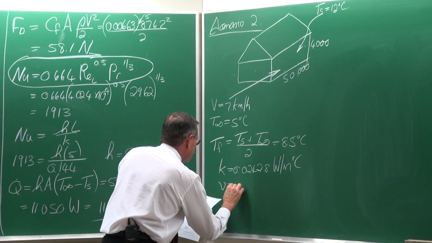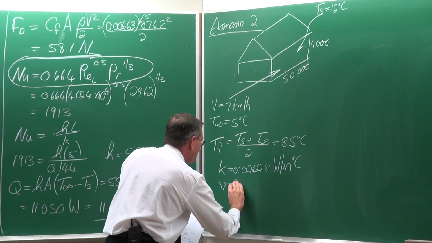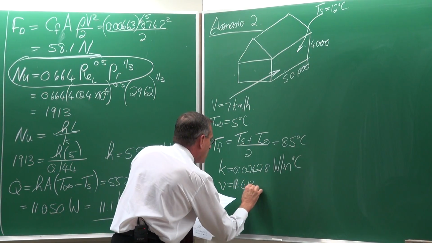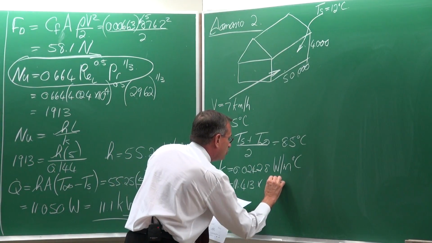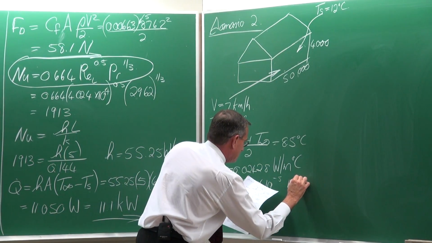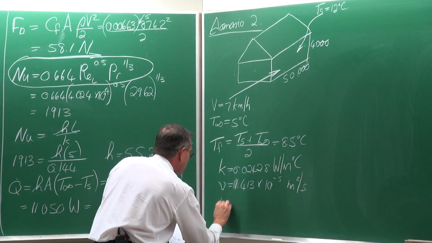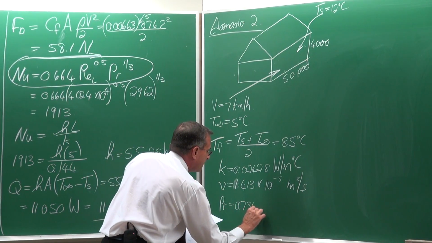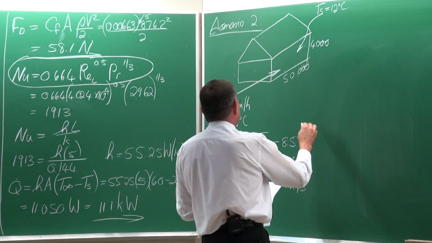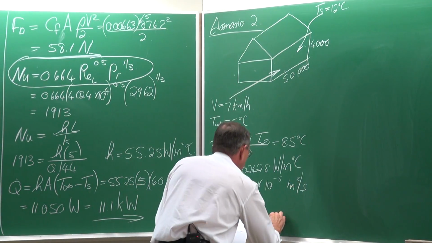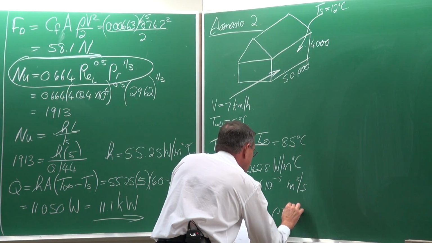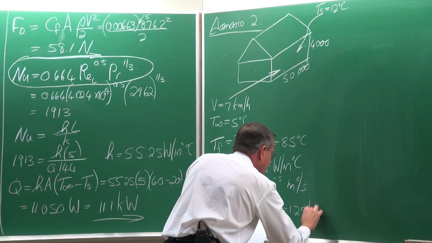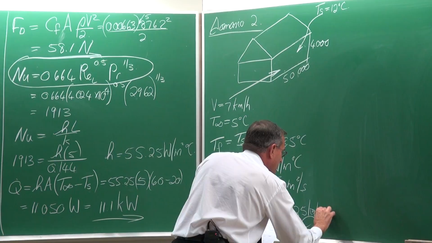The kinematic viscosity is equal to 1.413 multiplied by 10 to the minus 5 square meters per second. The Prandtl number is equal to 0.7340, and the density of the air is equal to 1.25 kilograms per cubic meter.